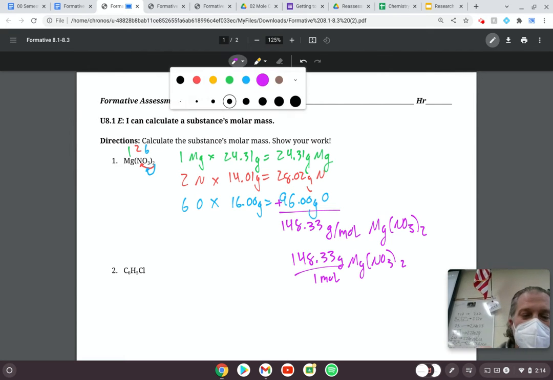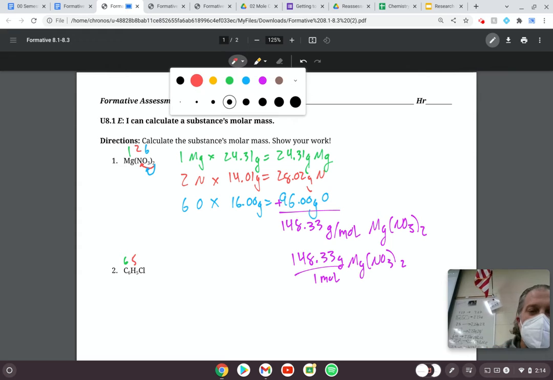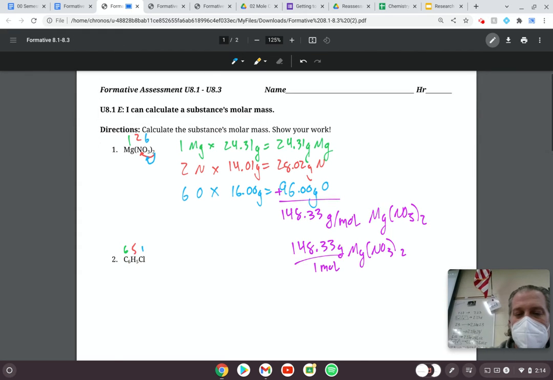So in the case of the second example, you had 6 carbons, 5 hydrogens, and 1 chlorine.